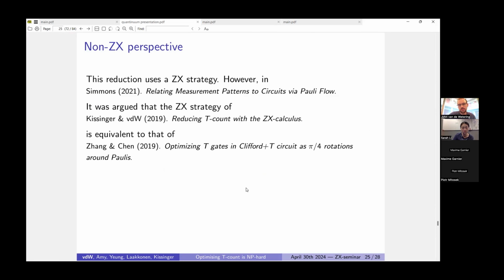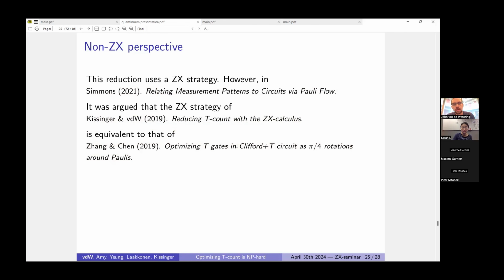Okay, so we proved this using a ZX perspective. But in fact, we can try to relate this to a circuit rewriting strategy. The ZX strategy we used in this paper by Will Simmons, relating measurement patterns to circuits via Pauli flow, he shows that this ZX strategy that we use is actually equivalent to the rewrite strategy described in this paper.